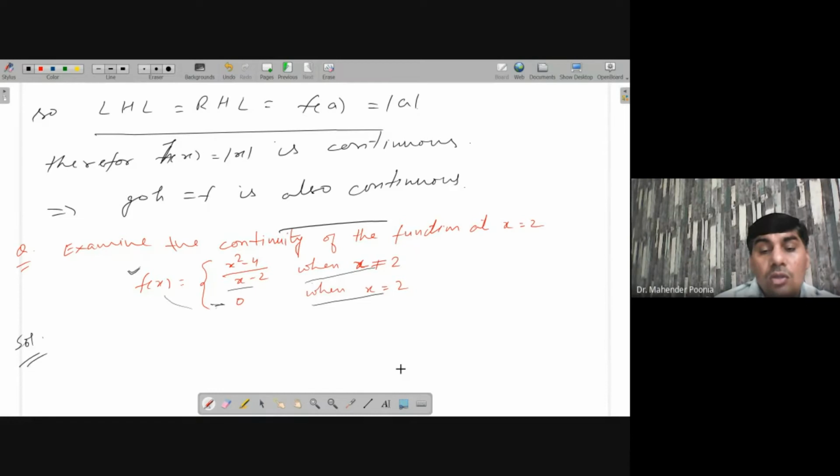So, to examine the continuity, first we have to find the limit. That means the left hand limit as well as right hand limit. And we have to find the direct value of the function at the given point.